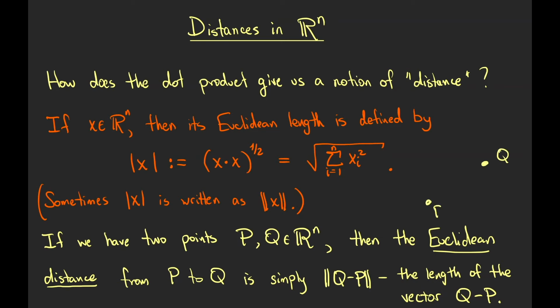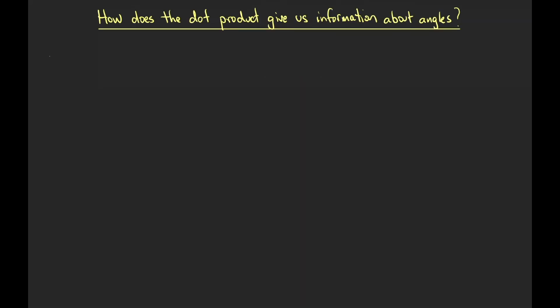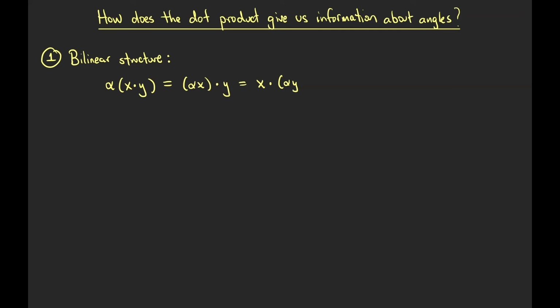Let's discuss how the dot product gives us information about angles. In order to do that, I'm going to back up a little bit and talk about the bilinear structure of the dot product. By bilinear structure, what I mean is that the dot product has the symmetry and sort of associativity properties that you'd expect. So if you multiply x dot y by alpha, it's the same as multiplying x by alpha and then dotting it into y.